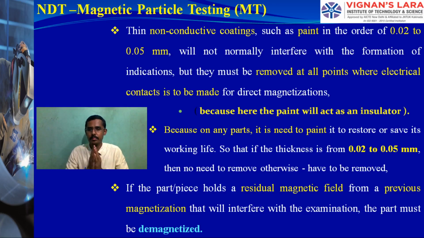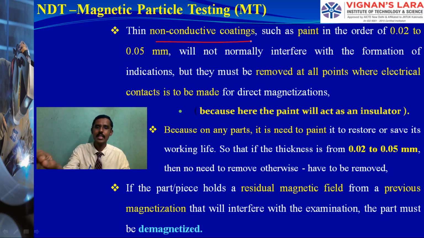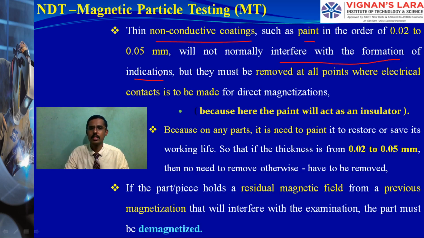It is permissible. The non-conducting coating, meaning an insulator, such as paint in the order of 0.02 to 0.05 mm, will not normally interfere with the formation of indications. It will not disturb.